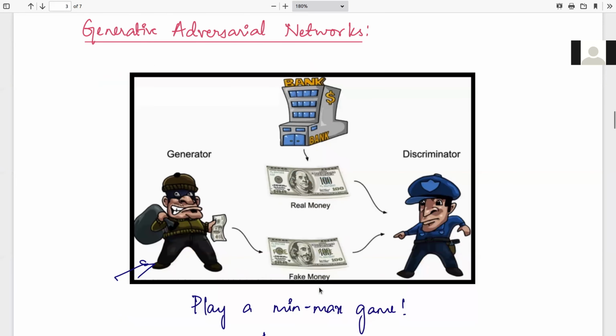So this is like a min-max game, right? Because we have to maximize the performance of the discriminator, we have to maximize the performance of the generator, whereas the generator is trying to fool the discriminator, right? So fooling the discriminator is like lowering its performance. So you can see it that way.